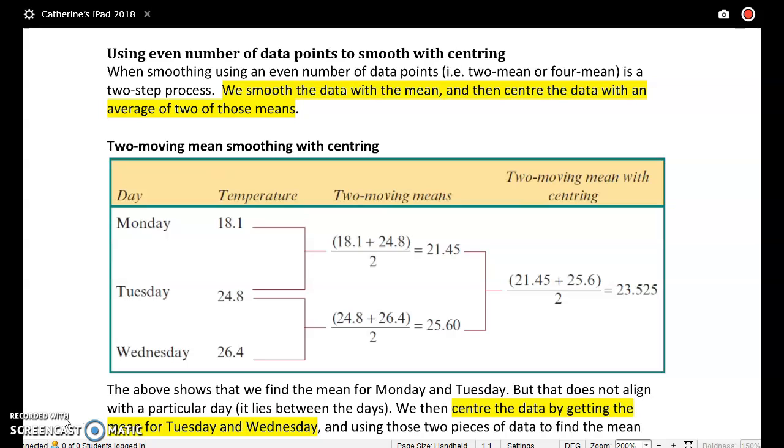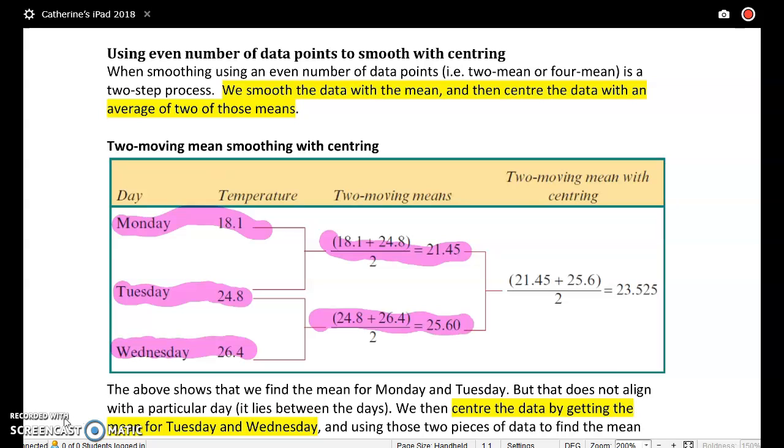If I want to, with 2 moving means, with centering, I'll take Monday and Tuesday data, and then I'll average it out. But that's still in between Monday and Tuesday, isn't it? Because the center of Monday and Tuesday is that midnight between. It's not on one day or another. So I've got to do another calculation. I then have to look at Tuesday, Wednesday and find that average.